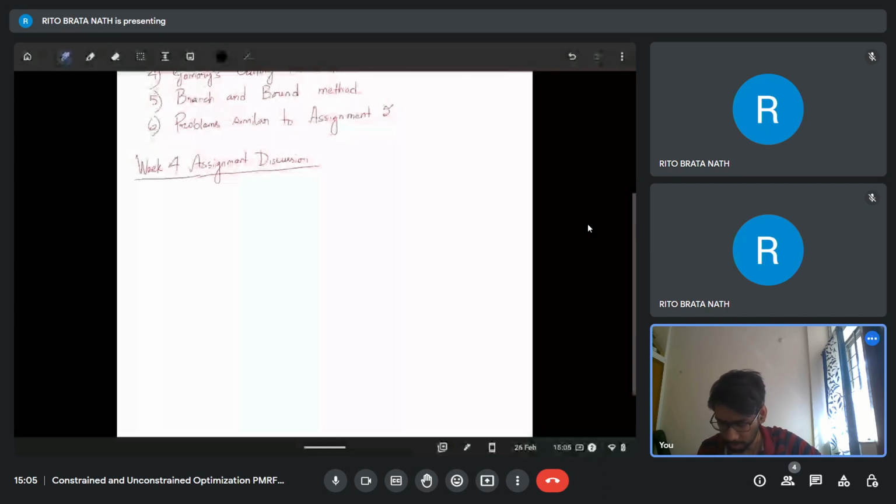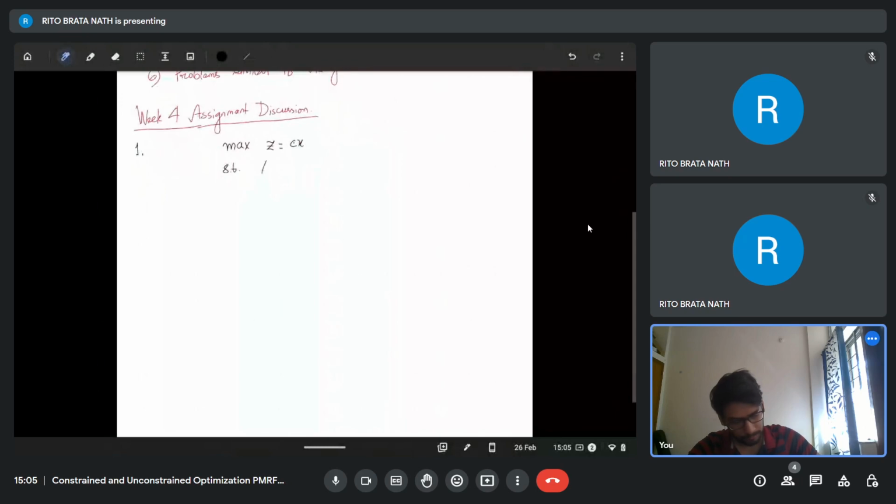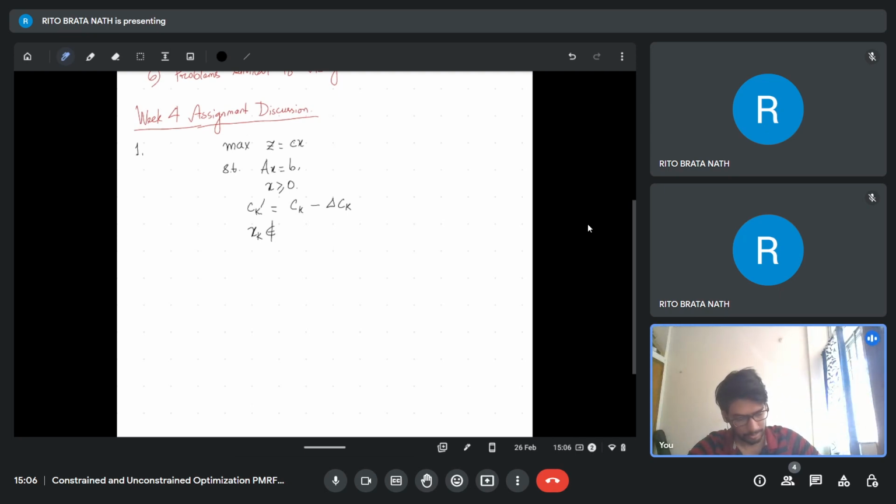there is a reduction in the cost coefficient ck associated with a non-basic variable. So what happens is that, suppose, let me write down the standard problem. Now subject to, what you have is that ck prime is ck minus delta ck, right? And xk doesn't belong to the basis, or you can call it xb, right?